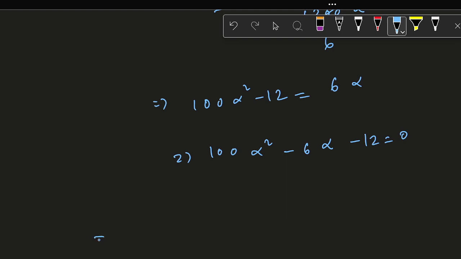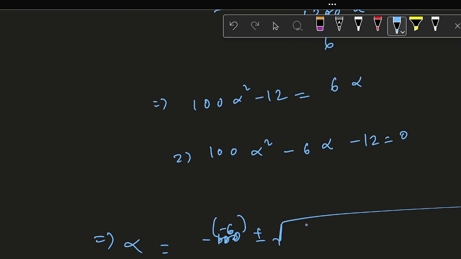So the idea is that you take alpha equal to minus b plus minus root, sorry, this is not minus 100, this will be minus of minus 6, so this is plus 6. Whenever you have an ax squared plus bx plus c equal to 0 type of equation, you solve x by minus b plus minus root of b squared minus 4ac, by 2a.